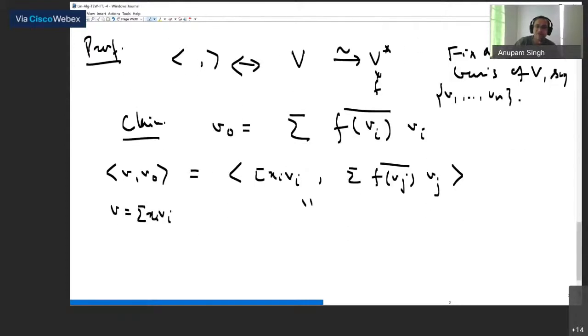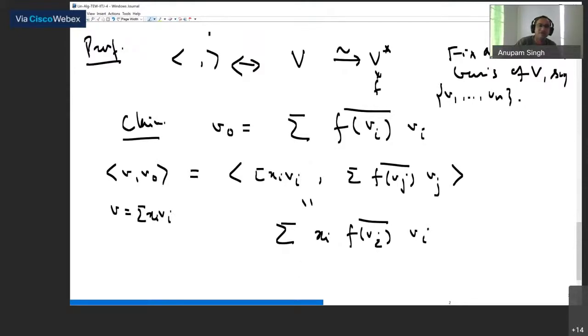Now we have chosen an orthonormal basis, so all the cross terms will become 0. The only terms that survive are when i equals j. So this will become only the summation over xi f of vj bar. Sorry, i equal to j, so I should say the same i. Let's correct this: this is the same i and vi.